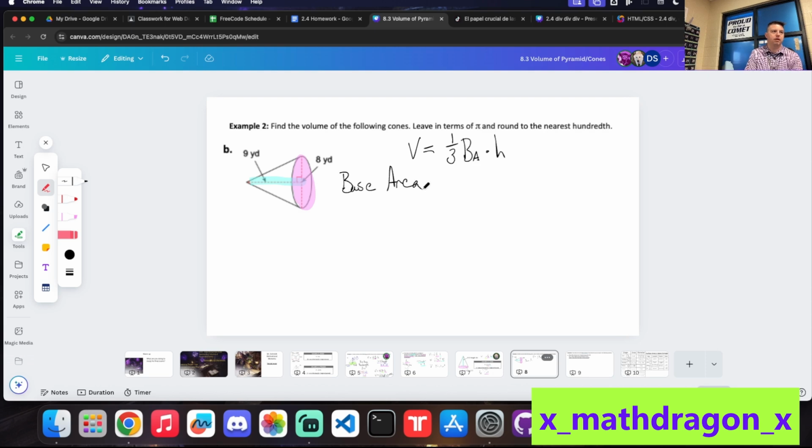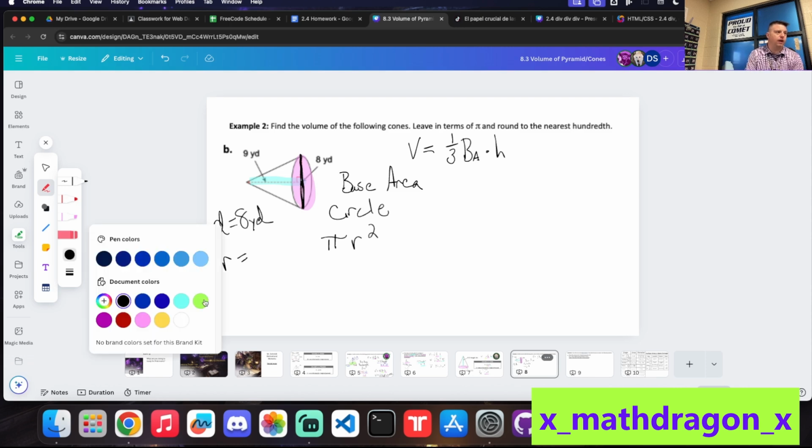Our base area is a circle. That is pi r squared. Our diameter equals 8 yards. So how do we find our radius? If our diameter goes all the way across the circle, that's 8.